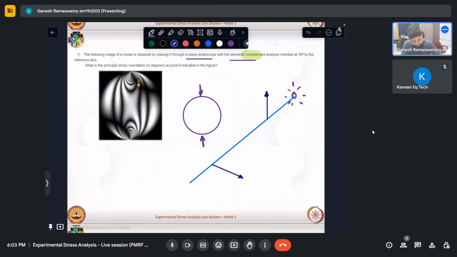However, in this question, it says that the analyzer has been imparted a rotation of 30 degrees and they have been kept crossed.